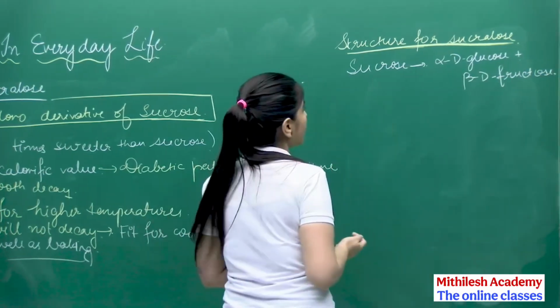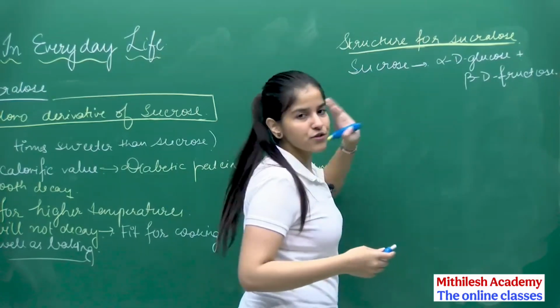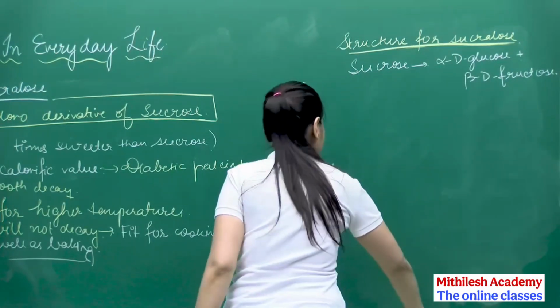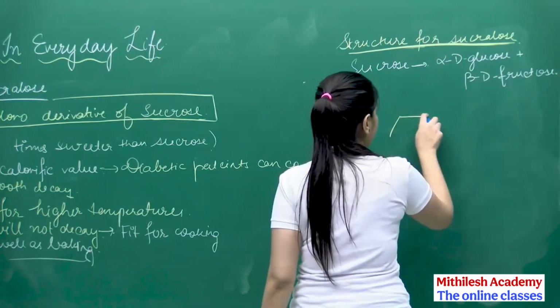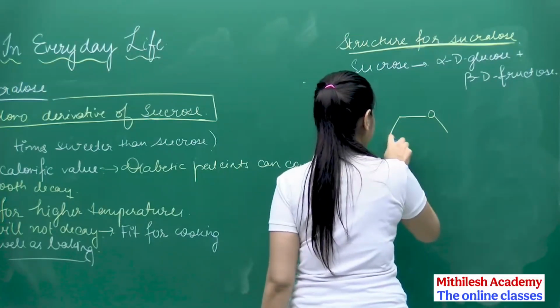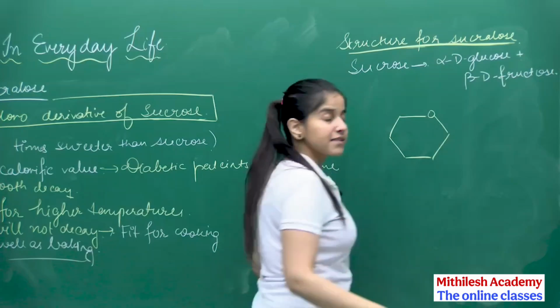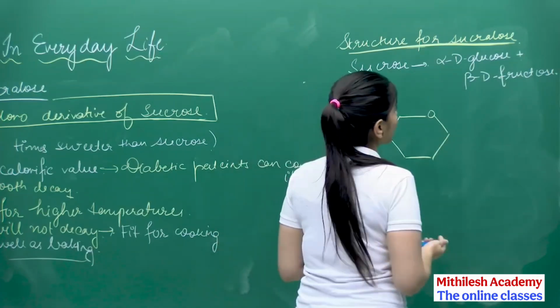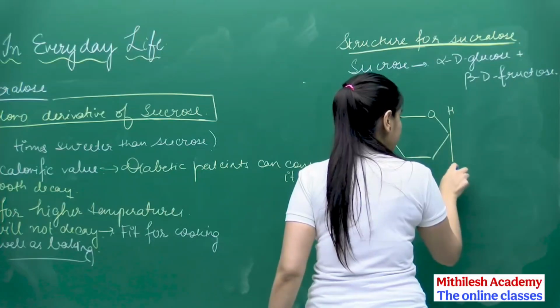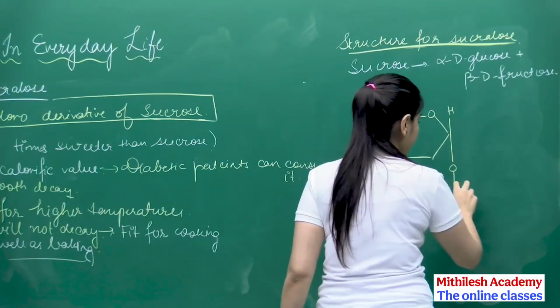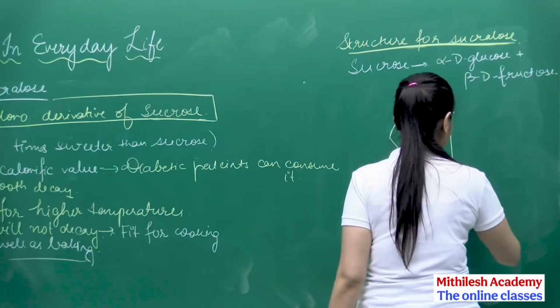So first of all, in order to draw the structure for sucralose, draw the structure for sucrose. So that is what we are going to do over here. So let's draw alpha D glucose first. A 6-membered ring, and we need to have a glycosidic linkage as we have done it before.